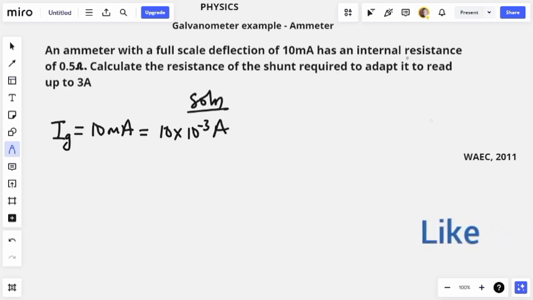The next parameter here has an internal resistance of 0.5 ohms. That's small r, the resistance of the galvanometer, 0.5 ohms.